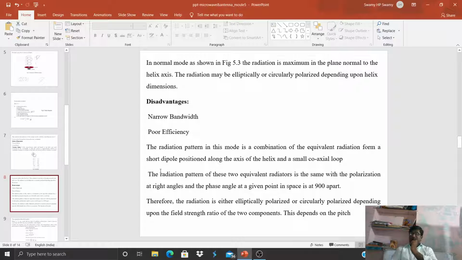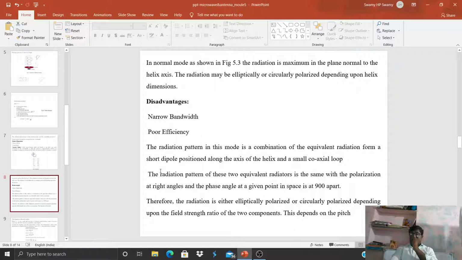The shape of the radiation pattern will be elliptically or circularly polarized depending on the helix dimensions.